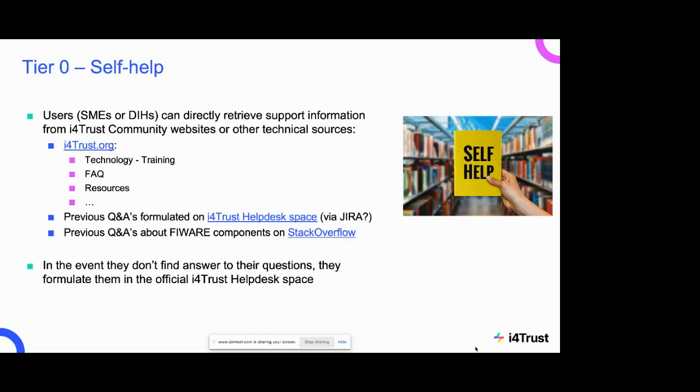Of course, the I4Trust help desk space itself will become a sort of forum of questions and answers. And this will be one of the first places we will ask people to look, to first check whether their question was already answered.